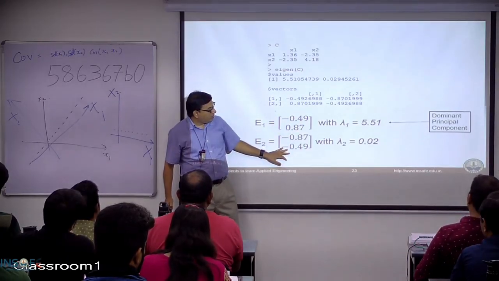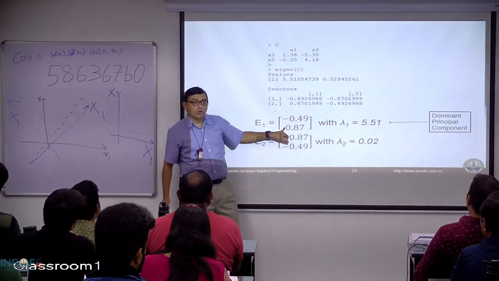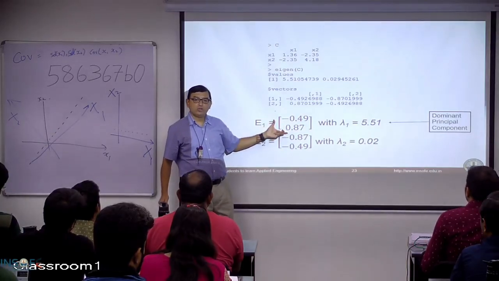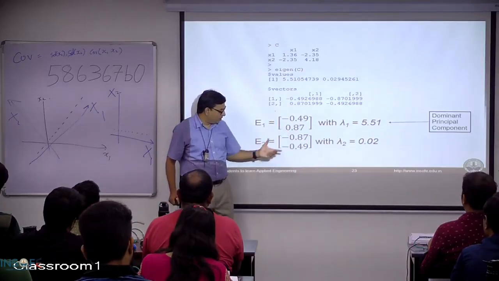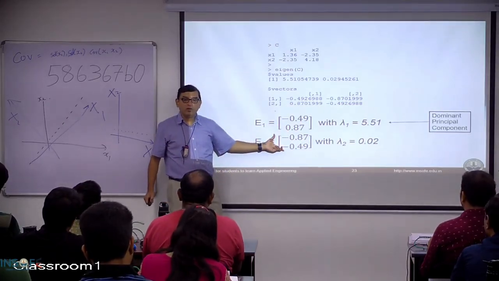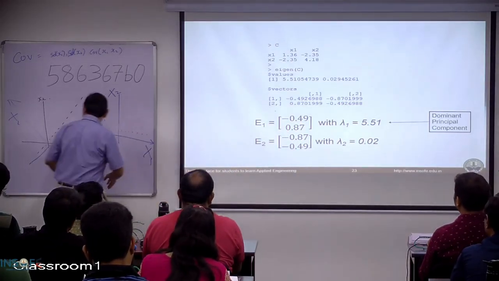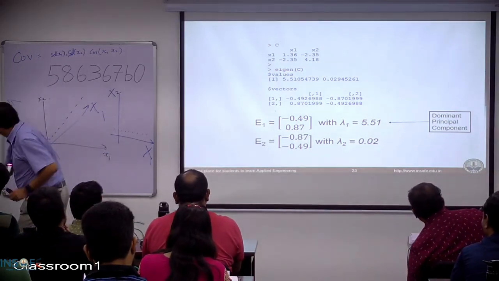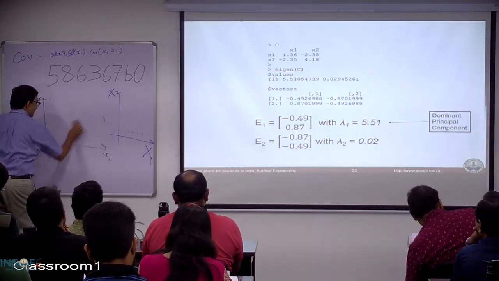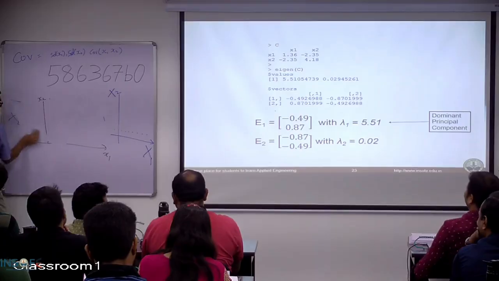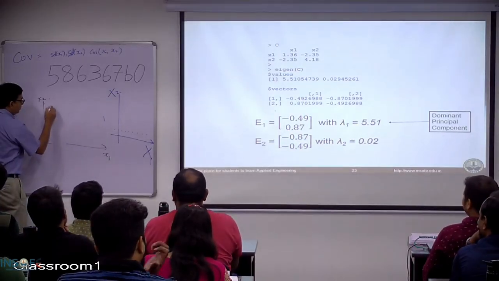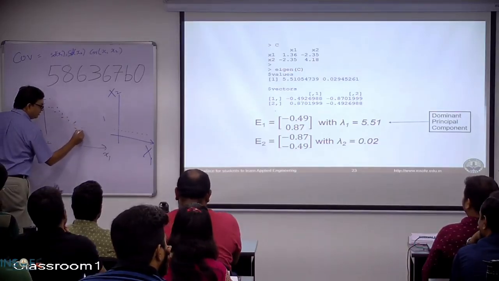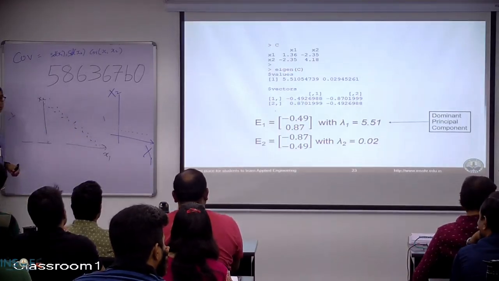Now, do you know which axis, which coordinate this is? This is the second quadrant. Remember how our data set looked? Like this, right? Our data set looked like that.